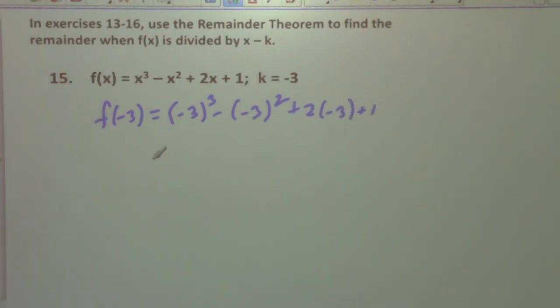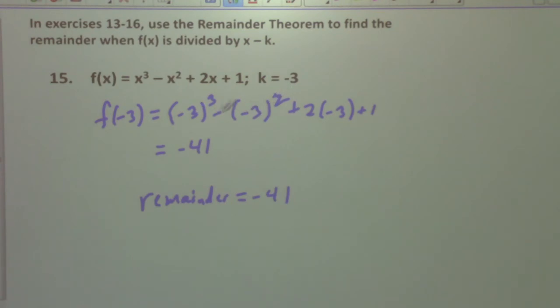Okay, so what do we have here? It equals -41. So remainder is equal to -41. Now, one thing that we had in the other class, we had a problem with this one here.